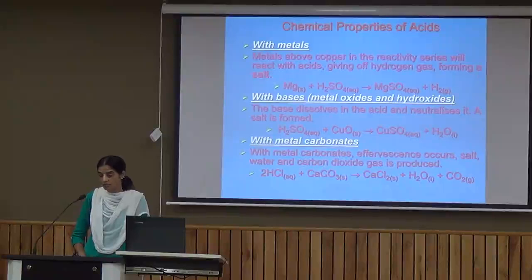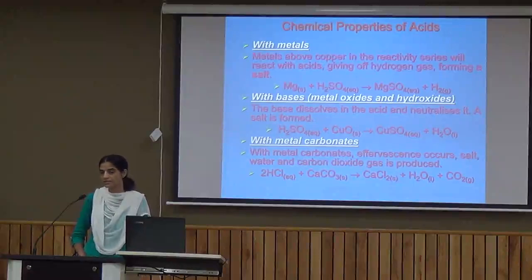When we try to identify this gas, we use lime water. This lime water turns milky with this gas, and we are able to identify that the gas formed is carbon dioxide, because the distinguishing test for carbon dioxide gas is that it reacts with lime water and thus turns it milky.